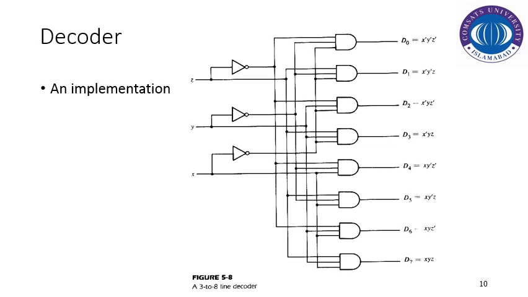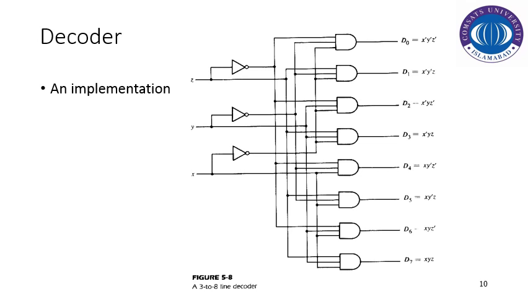So if we see the implementation, from the truth table, when we extract the min terms, we can say that each output line represents one min term. So D0 is equivalent to X prime, Y prime, and Z prime. D1 equals X prime, Y prime into Z. And similarly, D7 equals X into Y into Z. The number of AND gates used in this circuit is 8, since we've got 8 min terms.